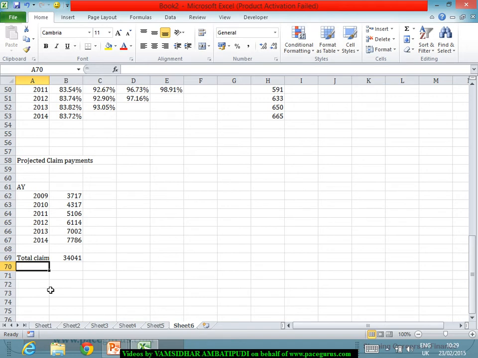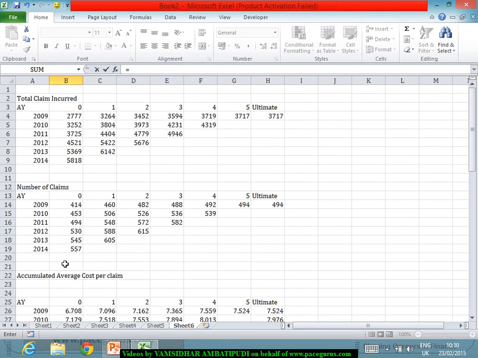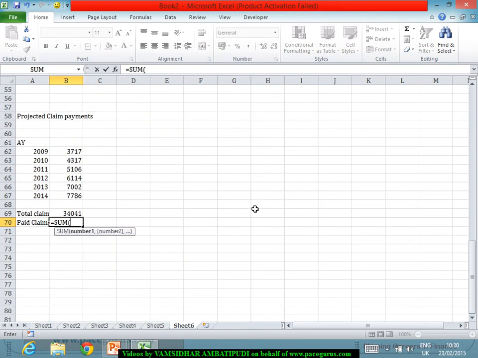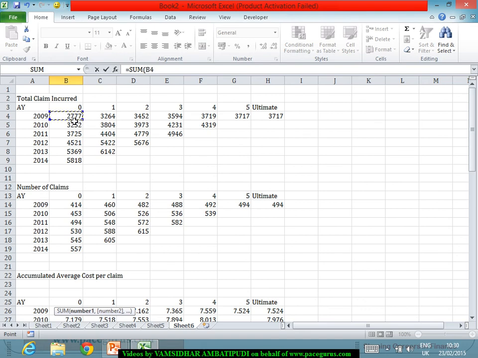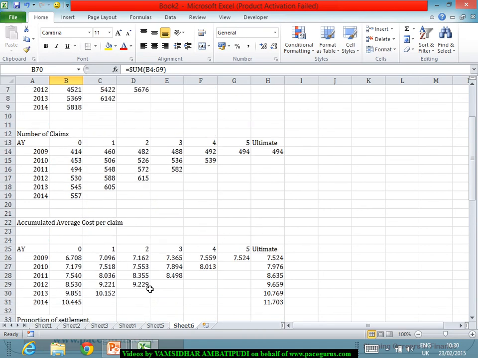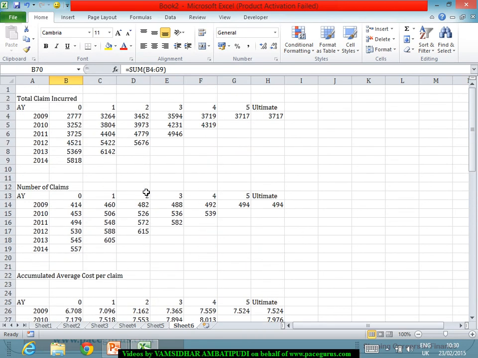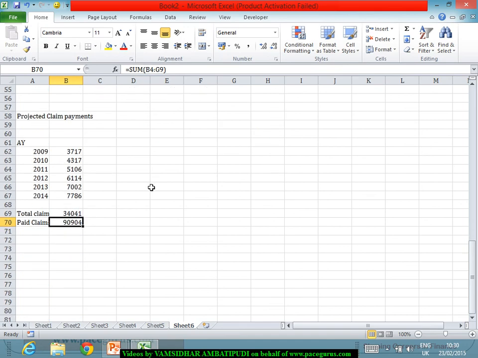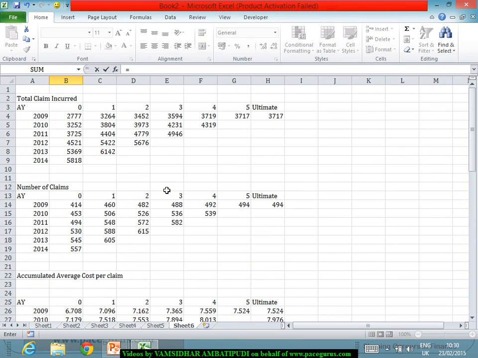Based on that, already paid kind of claims, right? Paid claims, if I am looking at, it is purely coming out as a summation of all this stuff, right? I can simply sum up all these numbers, which is resulting in the total paid claims till date. Oh, sorry, I have to really look at, when I'm saying the total paid claims, it has to be the ones that are there along this diagonal.